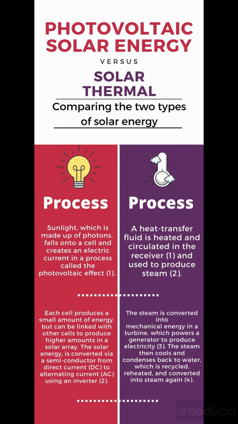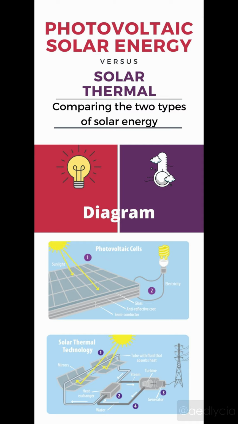The process of solar thermal energy is when a heated heat transfer fluid is used to produce steam, which is then converted to mechanical energy in a turbine to produce electricity. The steam condenses and is recycled, reheated, and converted into steam again. As you can see here, each of the steps on these diagrams corresponds to a number on the previous slide regarding the processes.